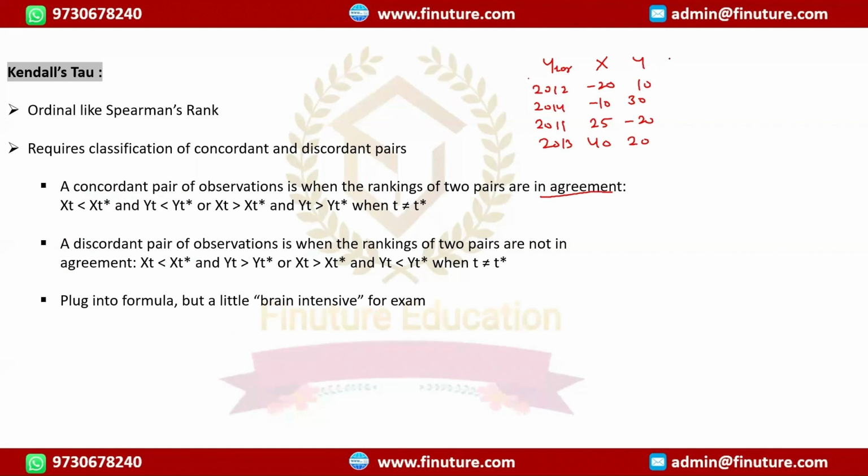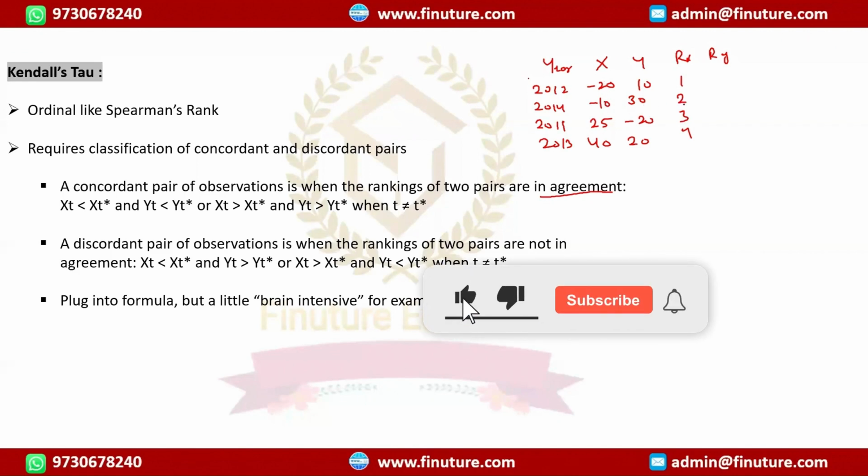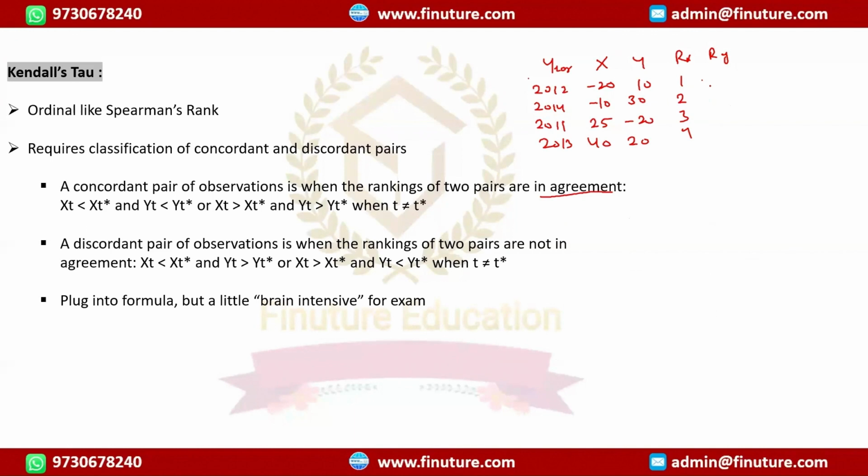Okay, fine. In the same way how we did for rank Rx and Ry, we will come up with this. It's the same thing for your X, because it's already in ascending order: minus 20, minus 10, 25. For Ry, I think we already ranked it.